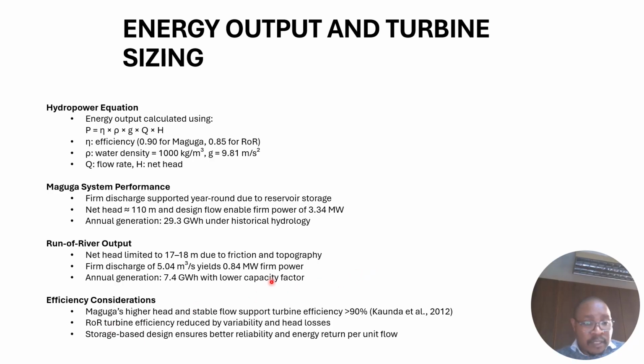And then if you look at the efficiency considerations, Maguga's higher head and stable flow support turbine efficiency of just over 70%, up to 90%. Then the run-of-river turbine efficiency is reduced by variability and head losses, and the storage-based design ensures better reliability and energy return per unit.